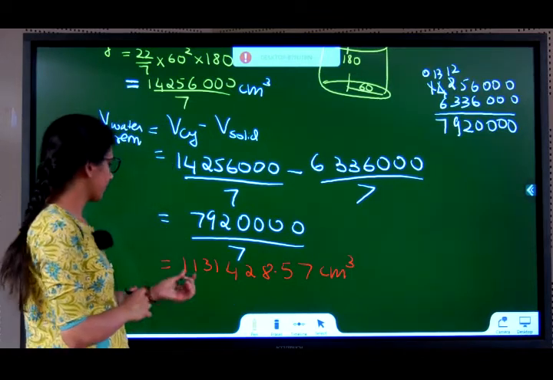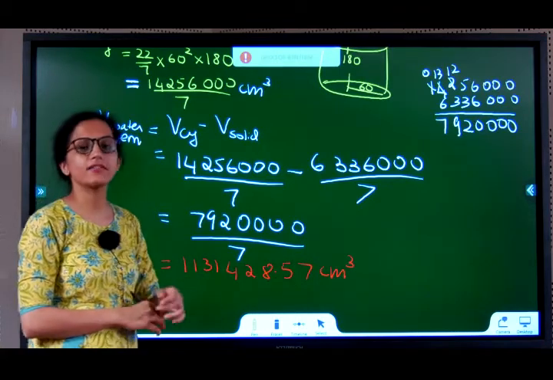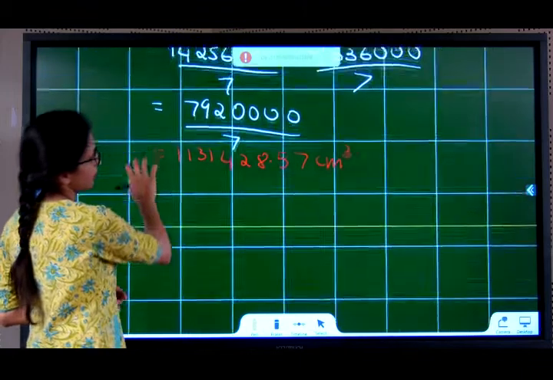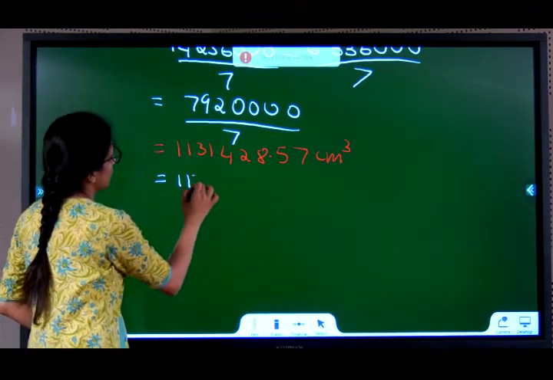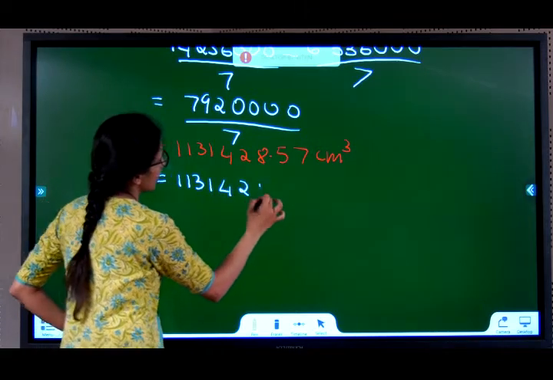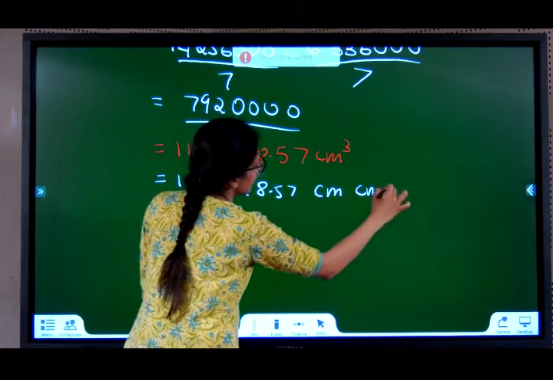We get 1131,428.57 centimeter cube. If you want to convert this to meter cube, how to convert? 1131,428.57 centimeter cube means centimeter, centimeter, centimeter.